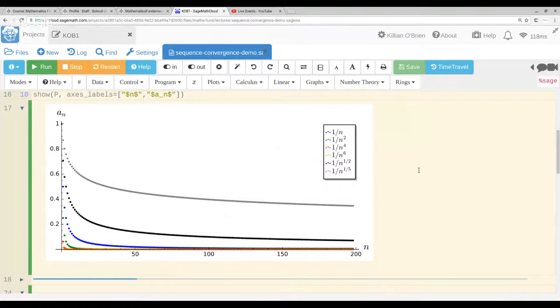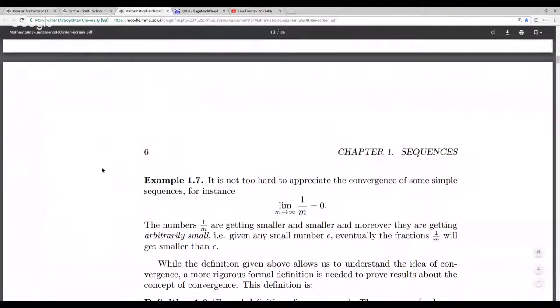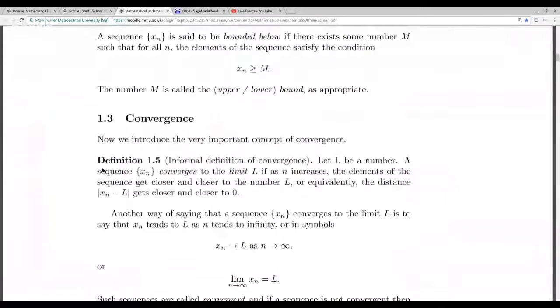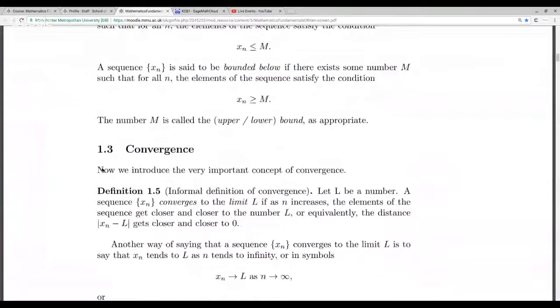What isn't captured yet by our definition is any notion of what the rate of convergence is, because the definition says just that the elements are getting closer and closer to some limiting value. So maybe there's a lot of stuff bundled up and hidden in this phrase, closer and closer. It's a little bit vague, a little bit imprecise, so we'd like to improve it.